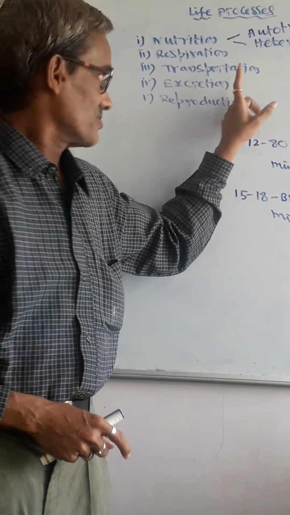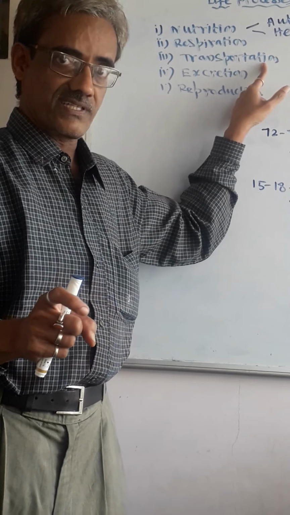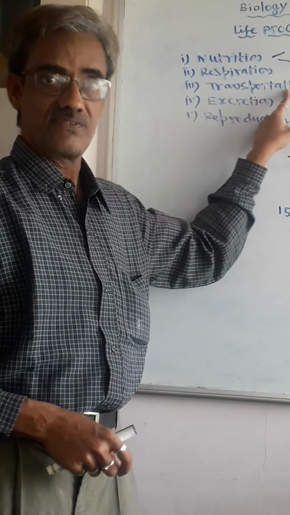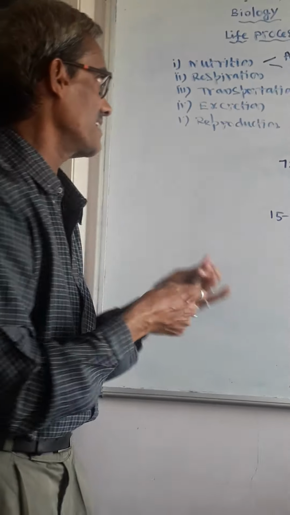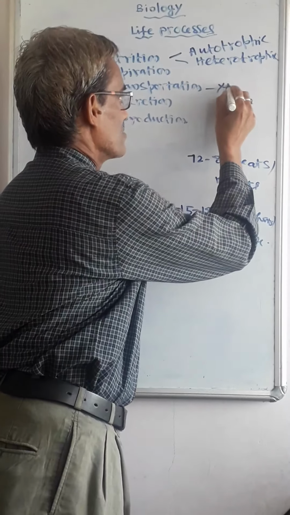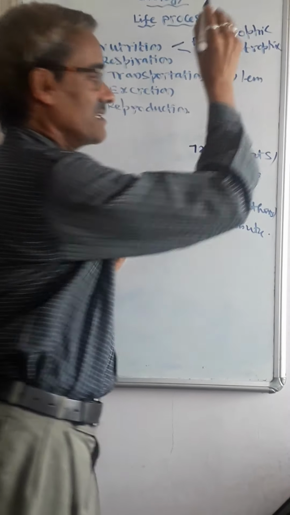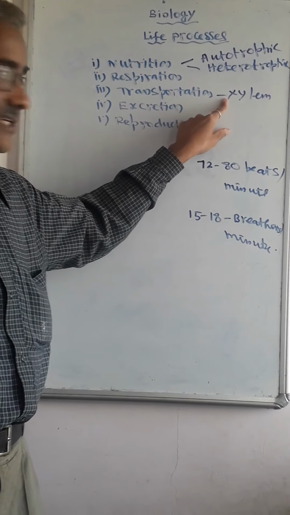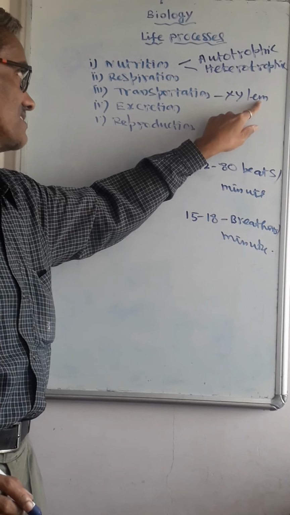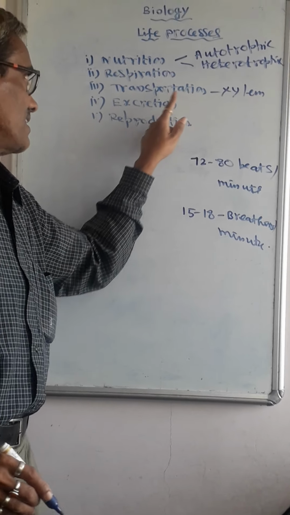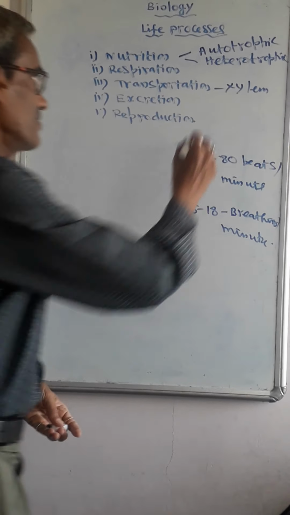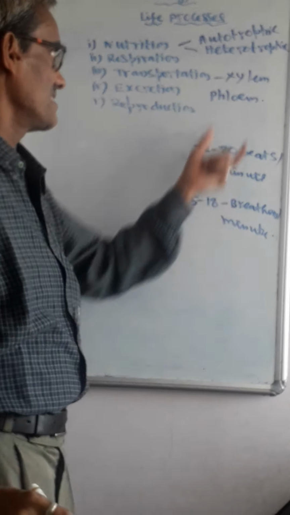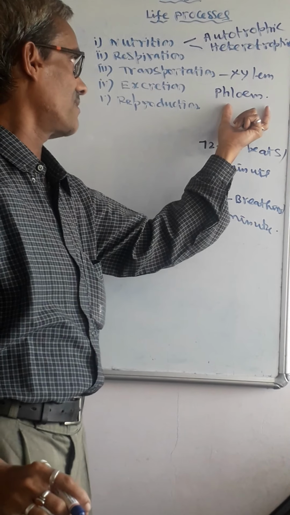The xylem is a conducting vessel for the plant: the water and minerals absorbed from the roots are passed through it to the leaves, because the leaves prepare food by photosynthesis. Then the food, after it is prepared, goes through the phloem. Phloem is also a conducting vessel, and the food is transported to various parts of the plant.